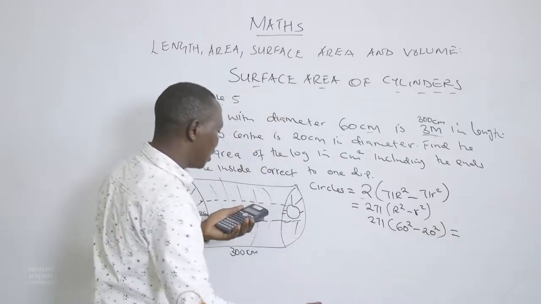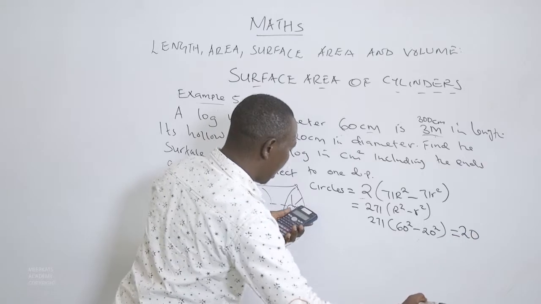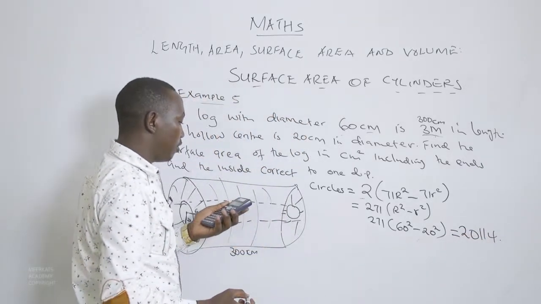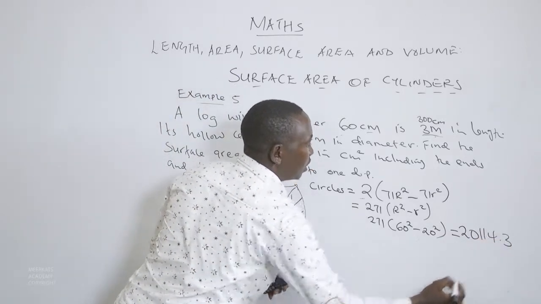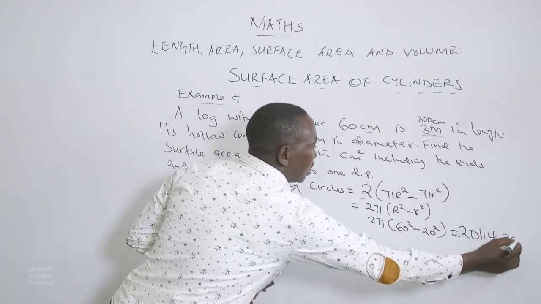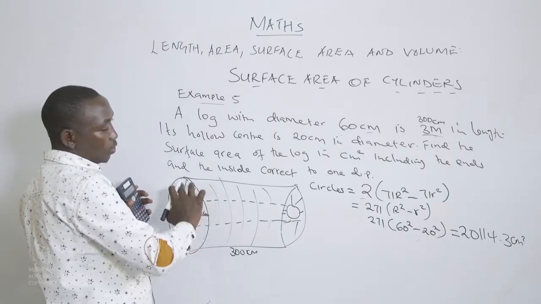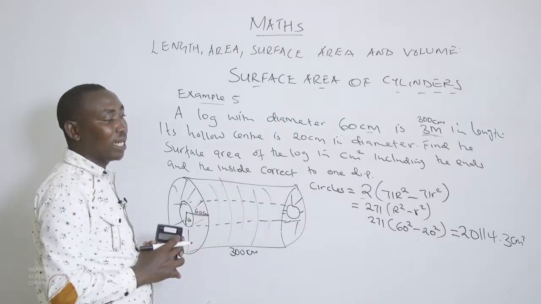This will result to 20,114.28 square centimeters. That is the two ends of this particular circular part.